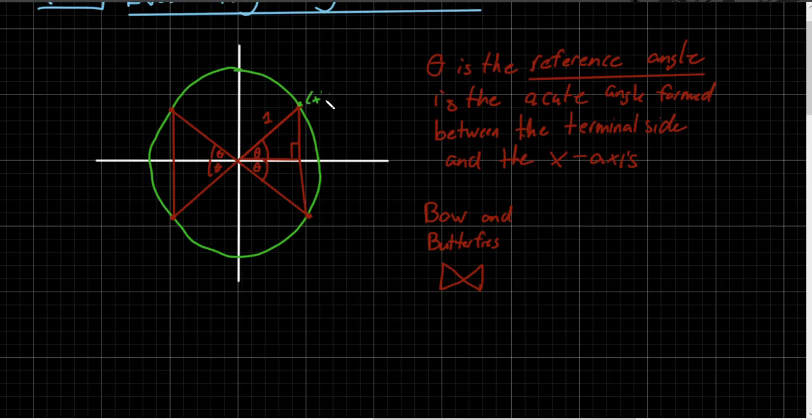This is our x, y, right? If I want cosine and sine, which one would come first? X is what? X coordinate is cosine. Yep, cosine of theta. And our y is the sine.